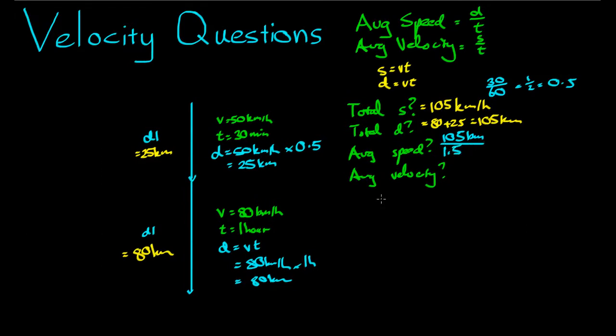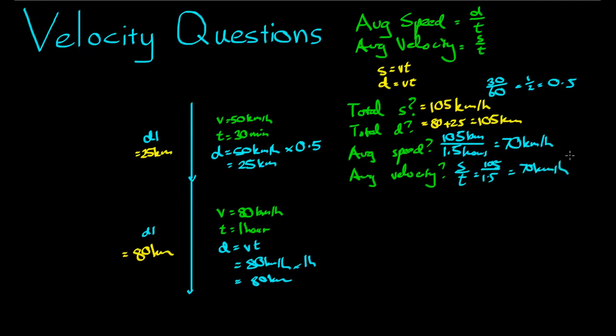So 105 divided by 1.5 comes to 70. So the average speed is 70 kilometers per hour. And since everything is happening on that straight line, the average velocity is the same. That's displacement over time, which is equal to 105 over 1.5, which again comes to 70 kilometers per hour.